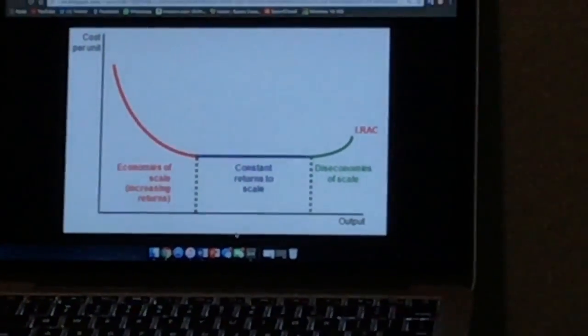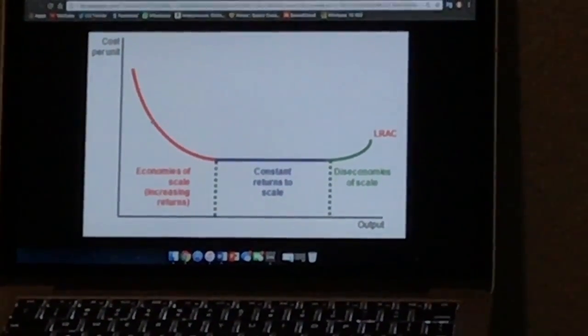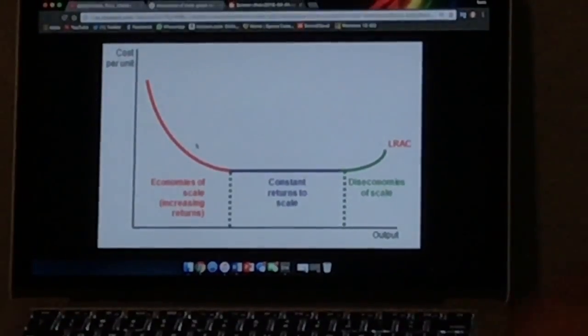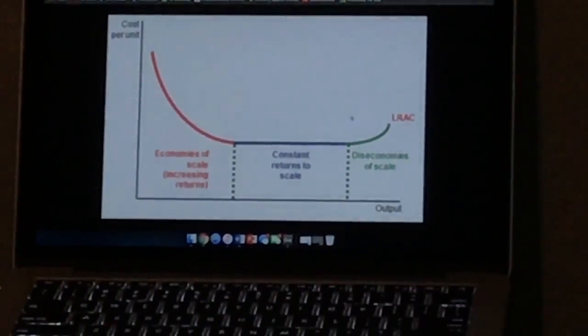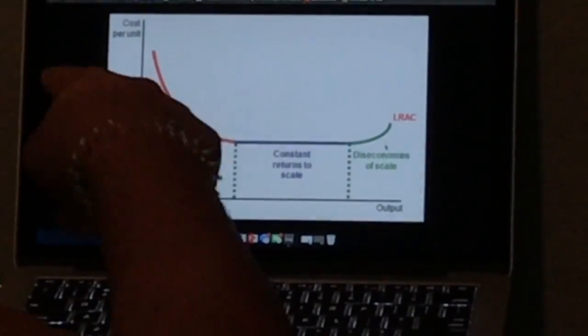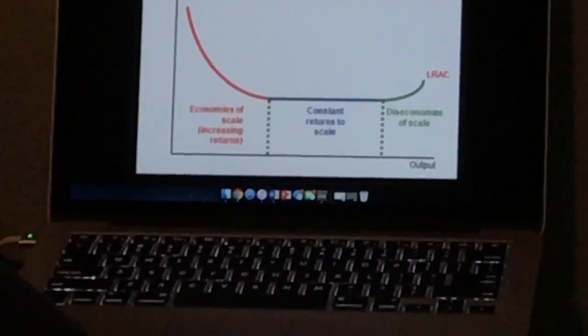In economies of scale, the more you make, the less you have to pay, so it's going down like that. And diseconomies of scale is going upwards. The more you make, the more you have to pay for that product. Put that away for now.